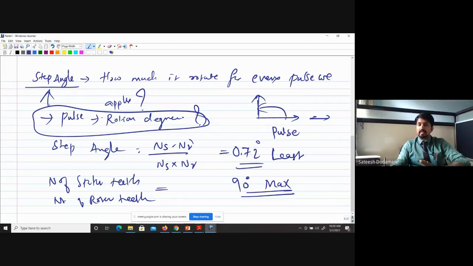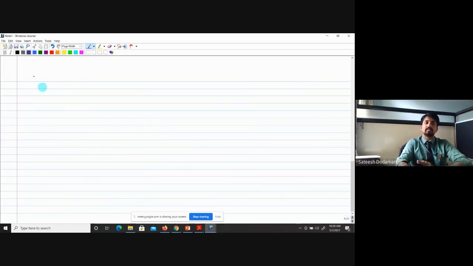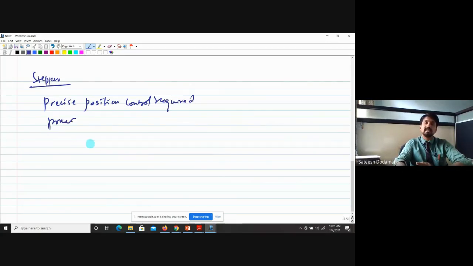Now, the applications where we are using the stepper motor: various precise position controls, where precise position control is required, or where precise speed control is required. There also we can use the stepper motor.